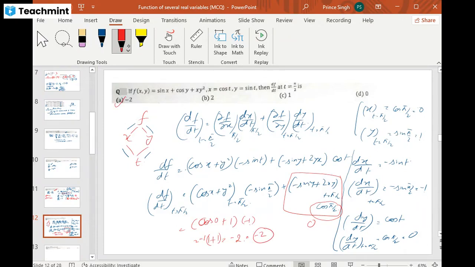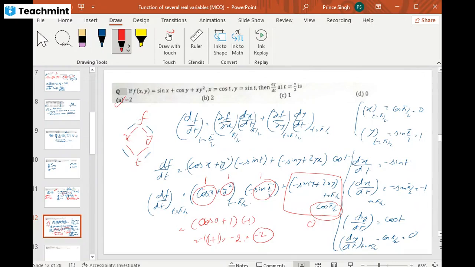Because x is 0 at t equal to pi by 2, cos 0 is 1. This is 1, and y is already 1, so this is also 1. And sin pi by 2 is also 1, so minus 1 into 1 is minus 1. And 1 plus 1 is 2, so 2 into minus 1 is minus 2. So this is the value of the derivative.